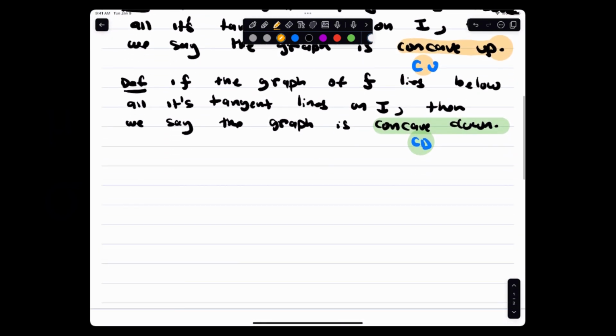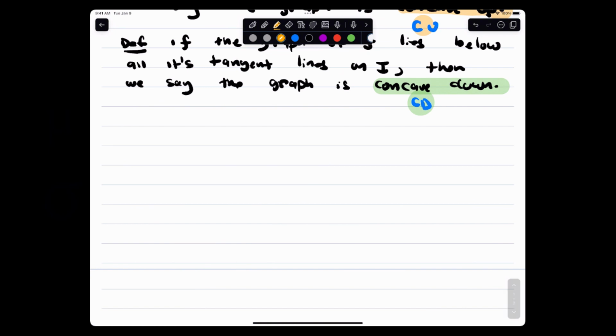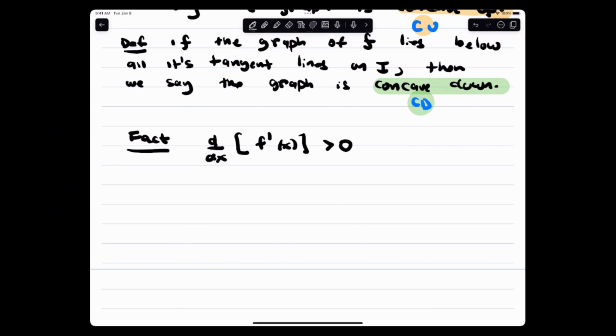Now I'm going to give you guys a couple of facts, okay? Here's a fact. This is what we're really interested in today. If I take a look at this situation, if I look at the derivative of the first derivative and it's positive, remember, here's what I'm saying to you guys.